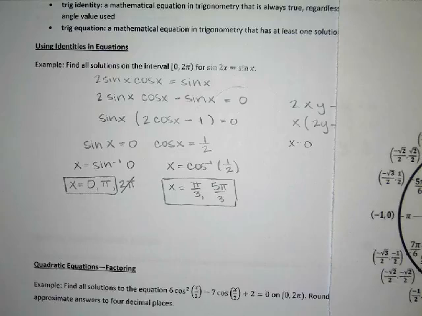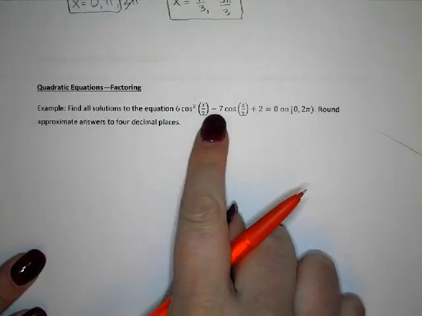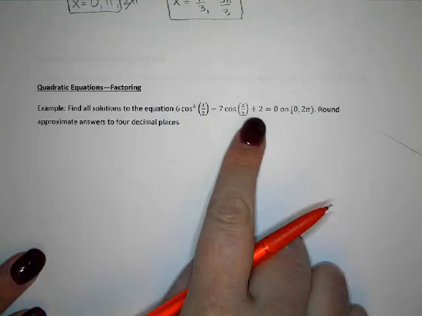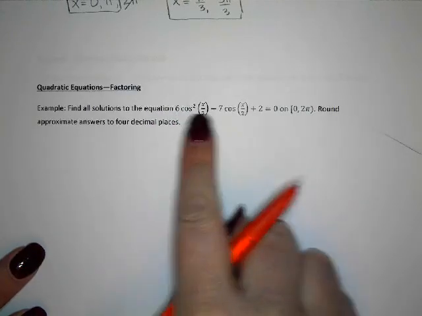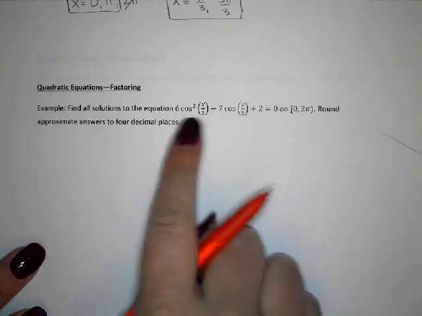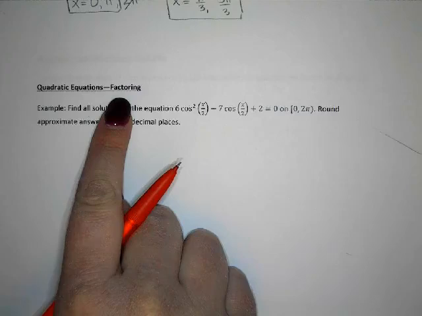All right, for the next problem, we have 6 cos squared of x over 2 minus 7 cos of x over 2 plus 2 equals 0. This is a problem that is a quadratic in terms of cos, and so our method for solving this one is going to be to factor.